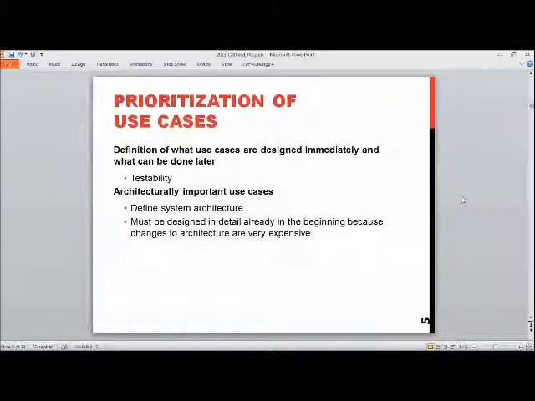So basically, on the use cases, we can define use cases basically for every activity, but we also have to think what are the essential or priority use cases.